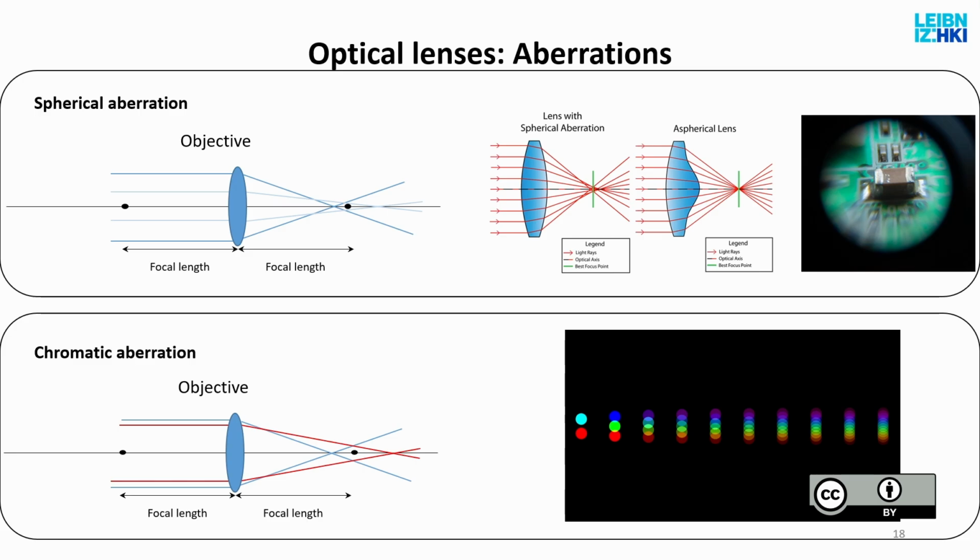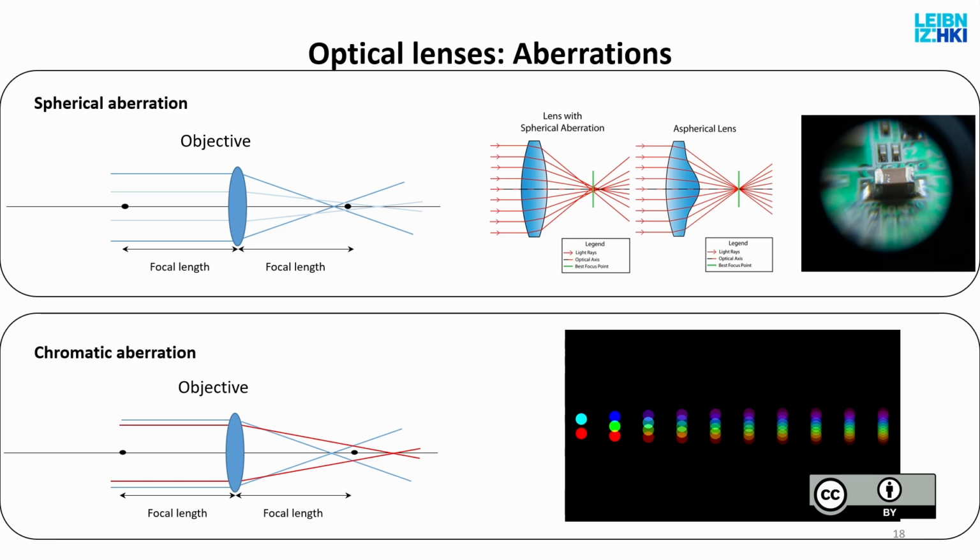The angle will be different and the thickness of the glass will be different. And it is the case, the darker blue beams will be focused closer to the lens than the lighter blue ones. So this means that if you have a finite height object, then the upper part of it, which is farther from the optical axis, will be focused closer, and the closer one will be focused farther.